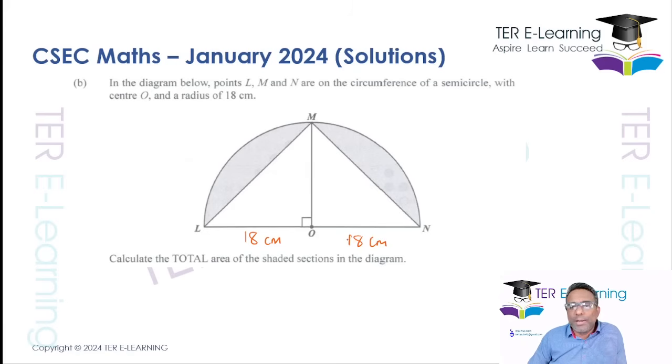And we want to work out the total area of the shaded sections. So all we need to do is find the area of the semicircle and subtract the area of the triangle. That's all we need to do.